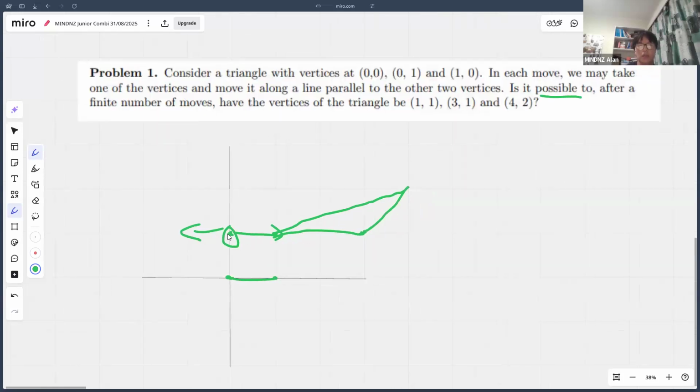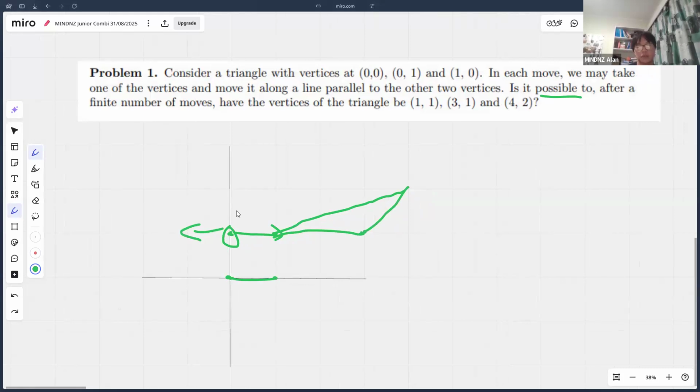So we have an initial area, which never changes to our final area, right? And what's our initial area? The area of a triangle is half base times height, right?